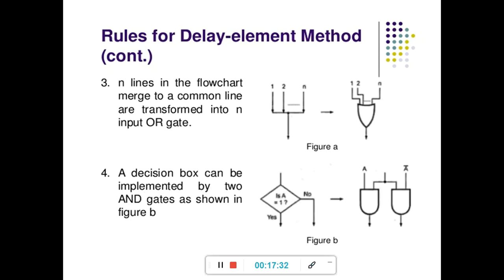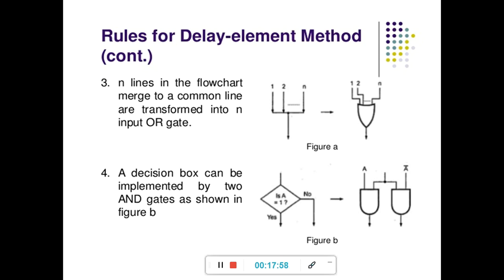And then number 3. What is 3? Here n lines in the flow chart merge to a common line, or are transformed into an OR gate. The same situation is to be followed. Second and third are similar to that. Here n lines in the flow chart can be merged into a common single line and the n inputs transformed to the OR gate.